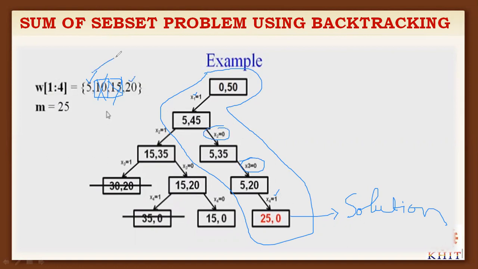And the total sum is 5 plus 20, 25. This 25 is equal to the m value. You will get the desired solution.